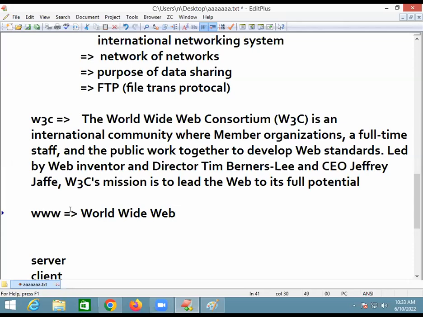Okay. A small question related to your computer. What is the name of your laptop or desktop? HP. HP is the manufacturer brand name. But I'm asking the name of the laptop.